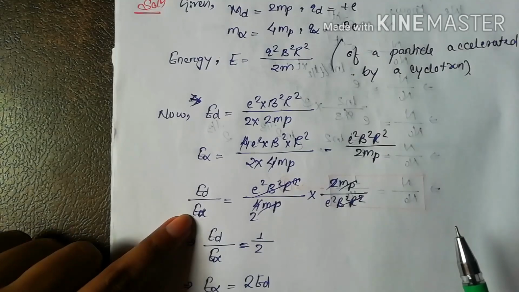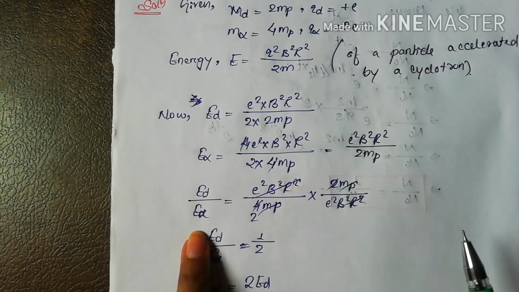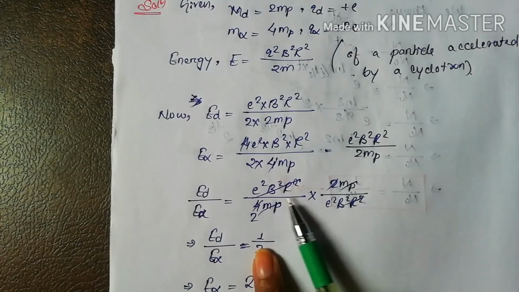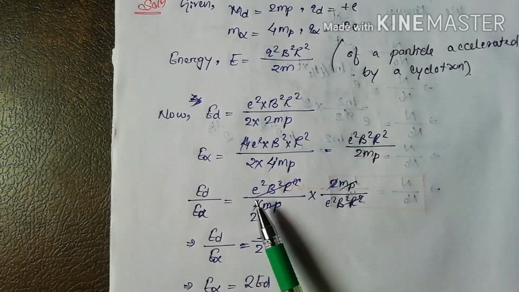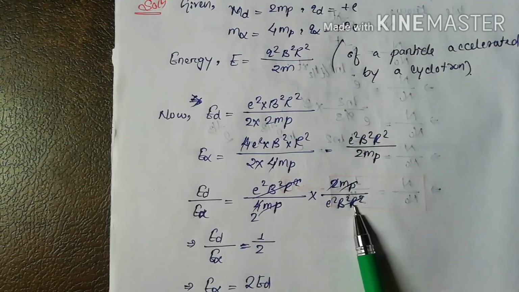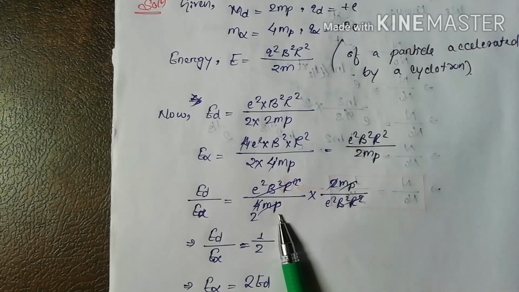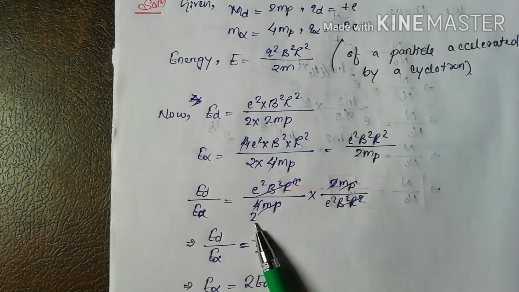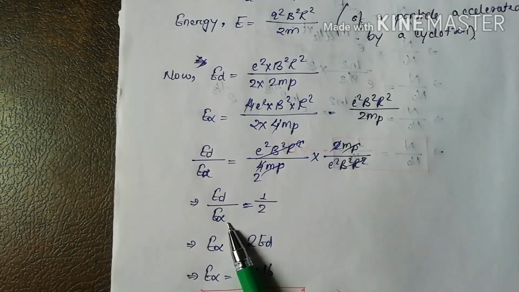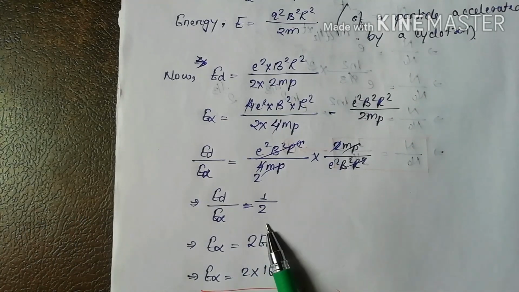Now you have to find the energy for the alpha particle. So we take E_D by E_alpha, the energy of deuterium divided by the energy of alpha particle, which is this term into the reverse of this term. The e square B square R square term will get cancelled automatically, and the mass of proton will also get cancelled. Finally, energy of deuterium by energy of alpha particle is equal to 1 by 2.